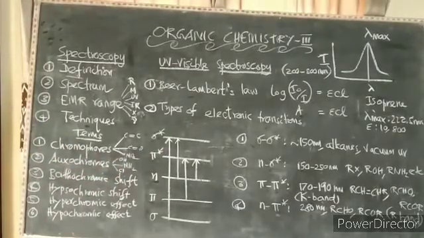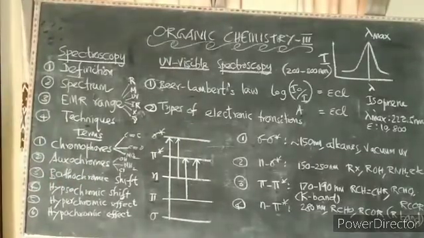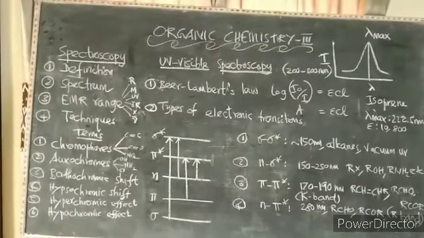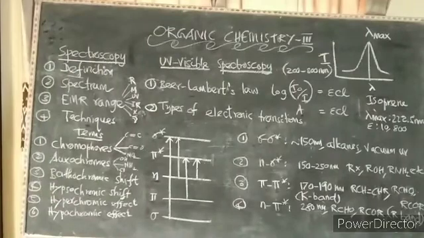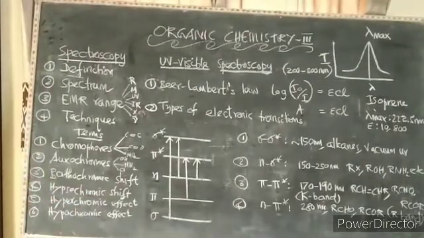The next term is bathochromic shift. When the shift of absorption maximum is toward longer wavelength, it is said to be a bathochromic shift. The next, hypsochromic shift: when the shift of absorption maximum is toward shorter wavelength region, it is said to be a hypsochromic shift.